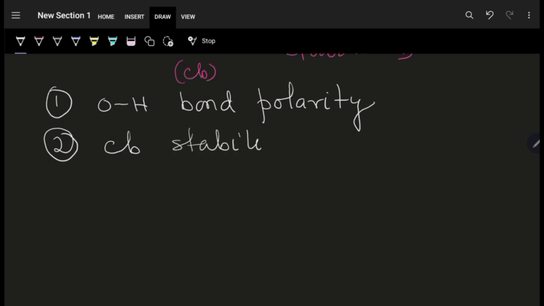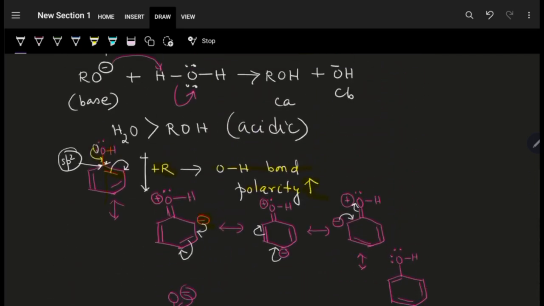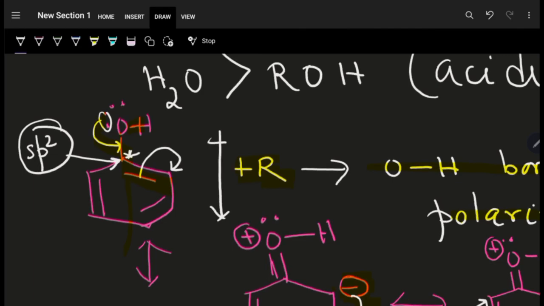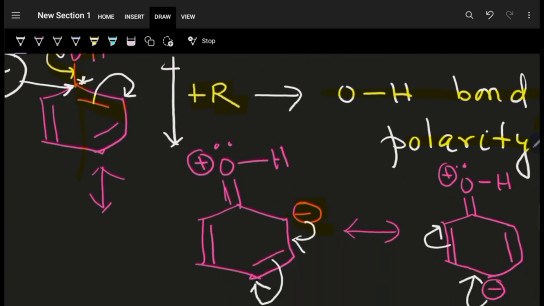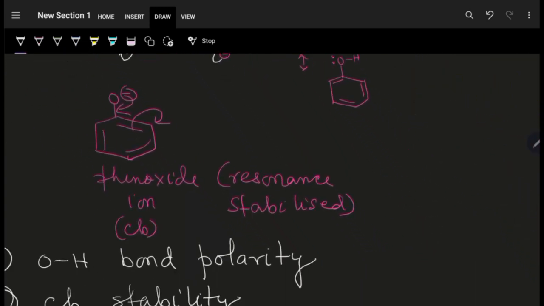If the conjugate base is stable, then the compound is more acidic in nature. Like in phenol, we talked about OH bond polarity due to the +R effect and the greater s character of the sp2 hybridized carbon directly attached to oxygen. And we told about the stability of the conjugate base, the phenoxide ion, resonance stabilized, and so it is acidic in nature.